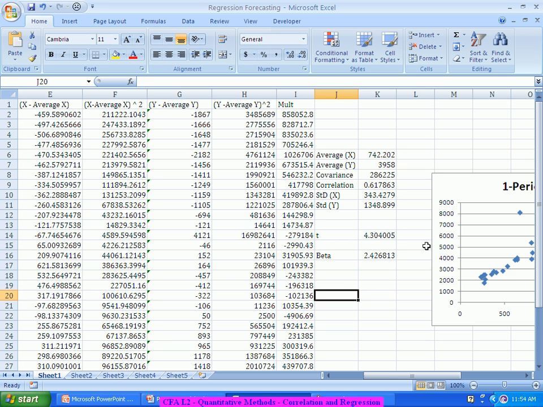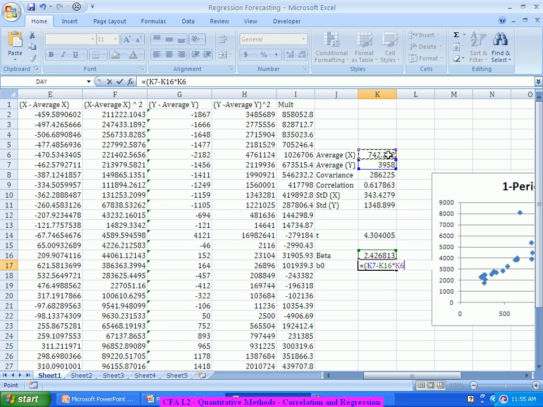So if I want b naught in this case, I am simply taking y average. Y average is equal to b naught plus b1 times x average. So y average minus b1 times x average will give me b naught. Minus b1, which is nothing but beta, times x average.